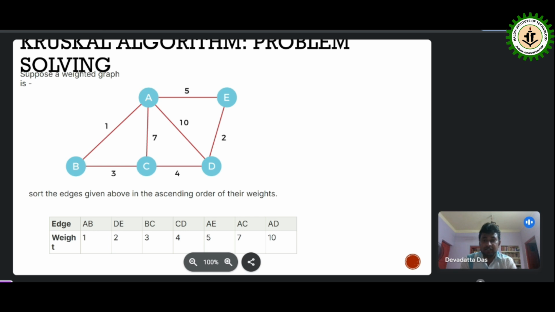Edge relaxation means A to B, D to E, B to C, C to D, A to E, A to C, or A to D. That means I'm just arranging the values of all the edges in ascending order.